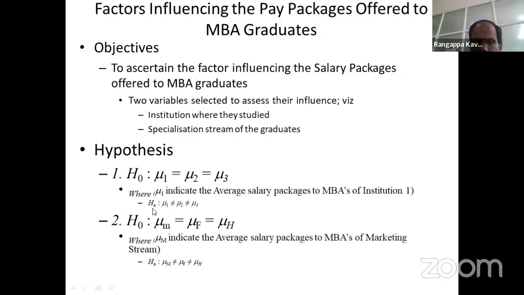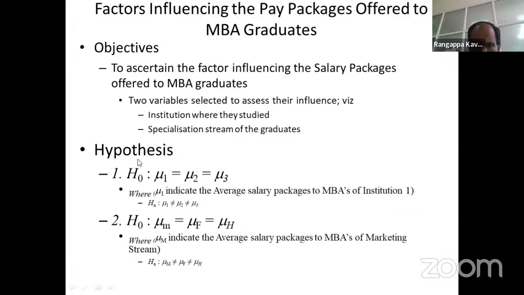Whereas the alternative hypothesis is written: mu1 is not equal to mu2, which is not equal to mu3. This is the alternative or research hypothesis. I wanted to show the null hypothesis in a small font, but there is some little error. This is based on institution-wise salary difference.